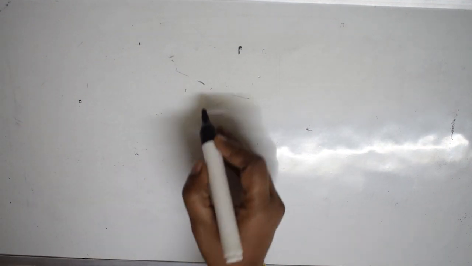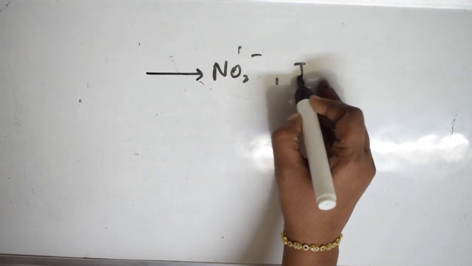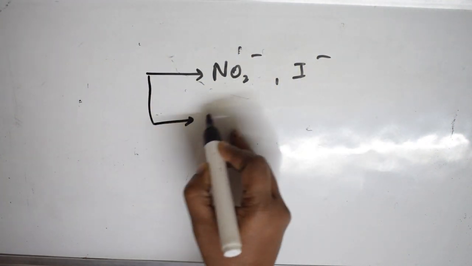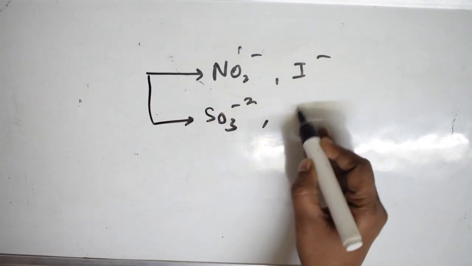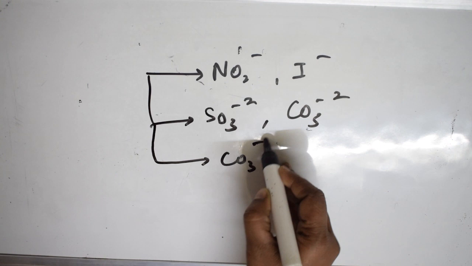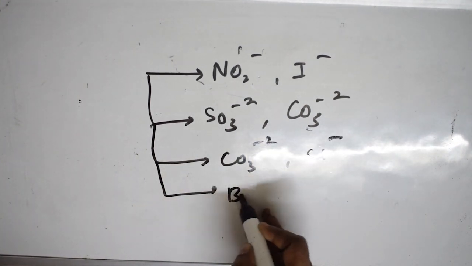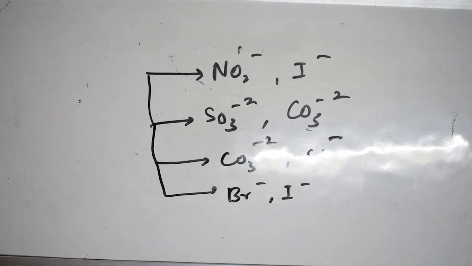She will give you different options like NO2 minus and iodide minus, then SO3 minus 2 and carbonate minus 2, one more set, carbonate minus 2 and chloride minus, and one more set, bromide minus and iodide minus. She may ask, among all these, which are decomposed by dilute HCl?